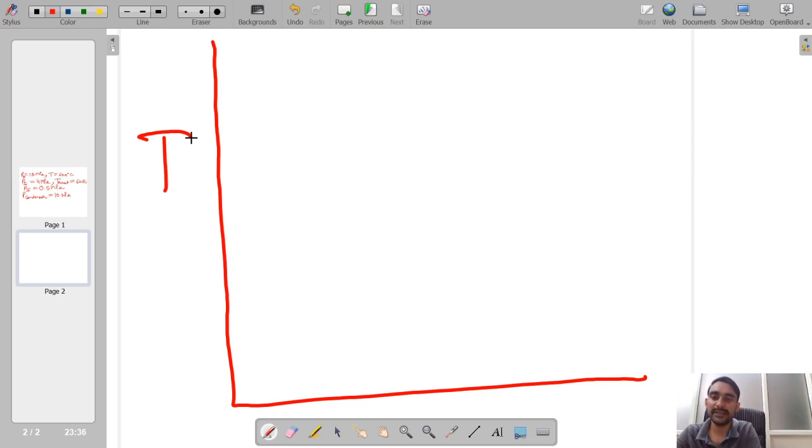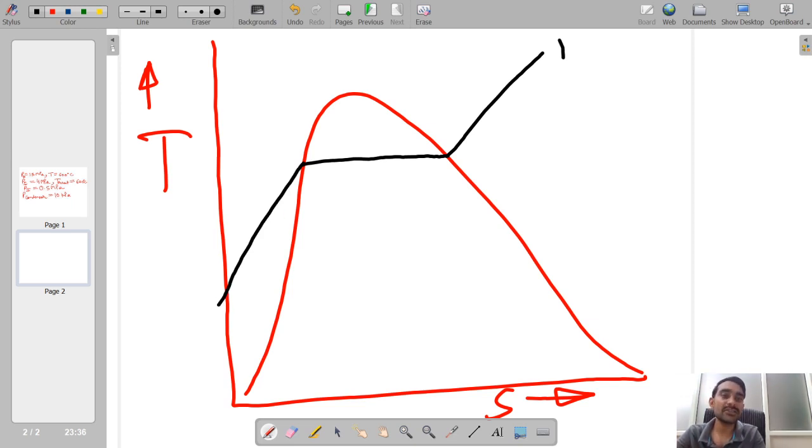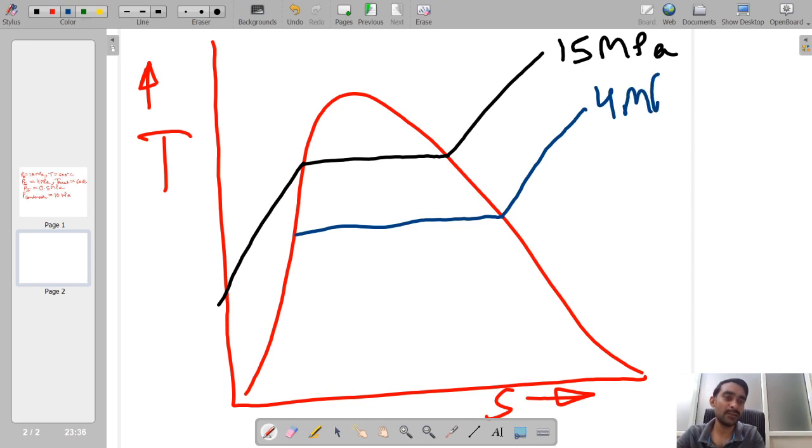Okay, so let me first start with the temperature entropy plot. So this is my temperature axis, this is my entropy axis, and let us consider this is nothing but our liquid vapor dome. Okay, so let me draw now the different pressure lines. So this is our first pressure line, which is nothing but corresponding to pressure of 15 megapascal. Then we are having one more pressure line at a pressure of 4 megapascal.